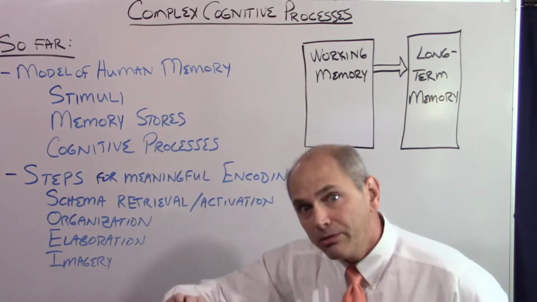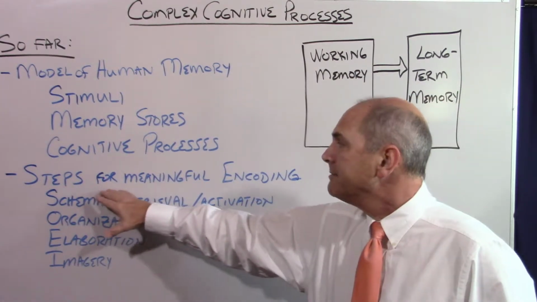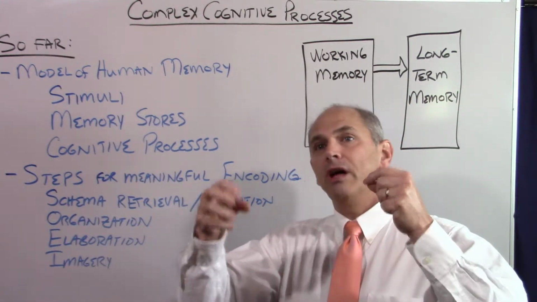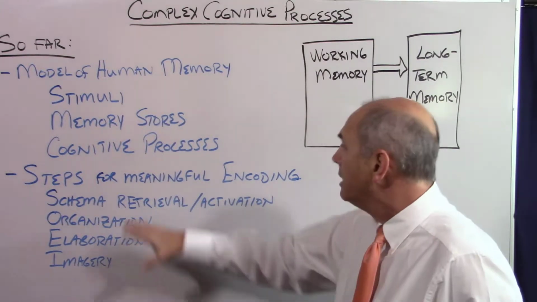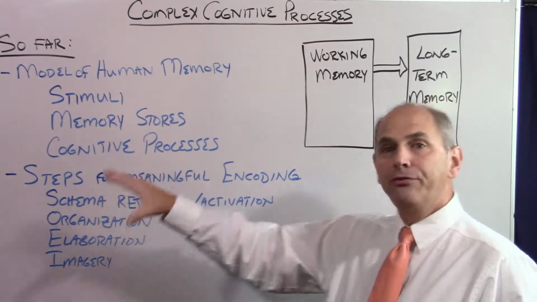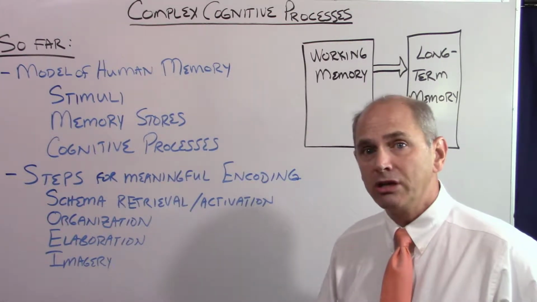And the other thing that we talked about a little bit in terms of implications, and this happened along and along as we were going through the topic, was meaningful encoding, ways that we can support that meaningful encoding.